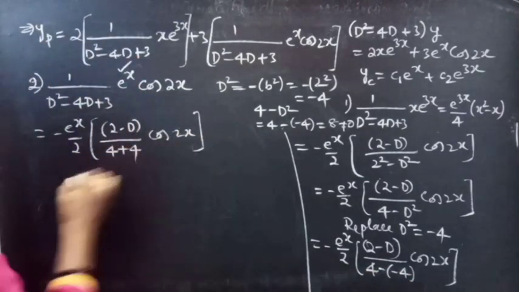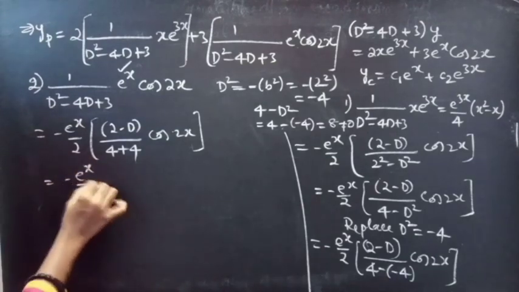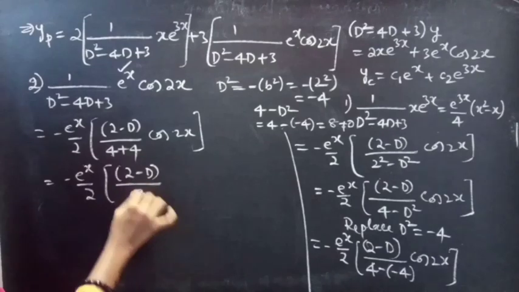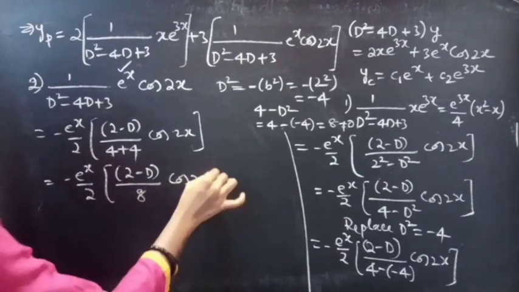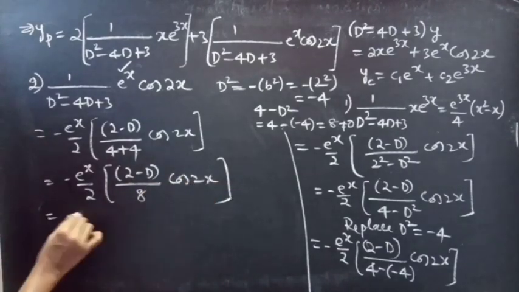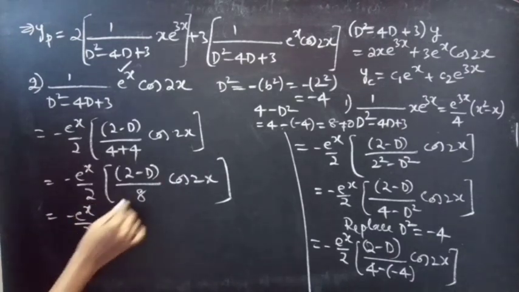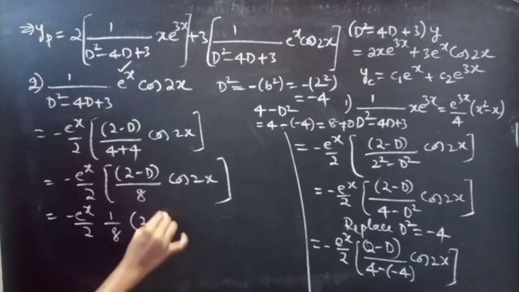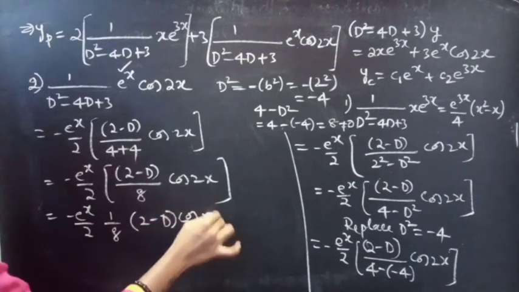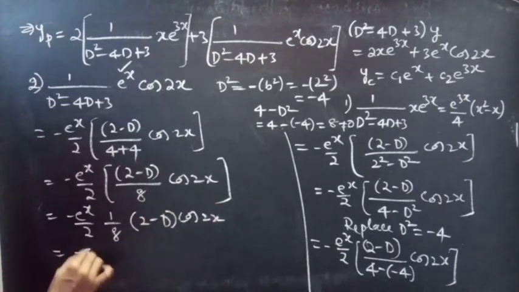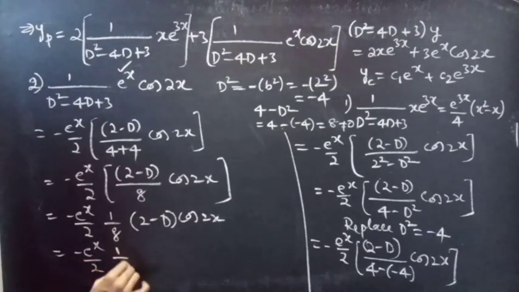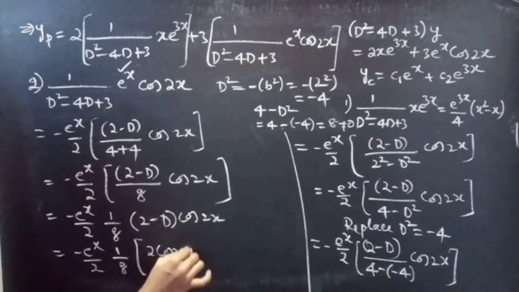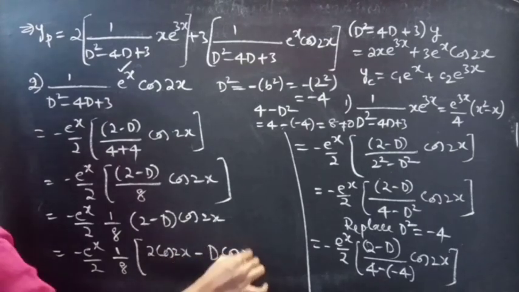Into cos 2x, which is equal to minus e power x by 2 into 2 minus d by 8 into cos 2x. We can split 2 minus d by 8 as 1 by 8 into 2 minus d into cos 2x, which is equal to minus e power x by 2 into 1 by 8 into 2 cos 2x minus d cos 2x.